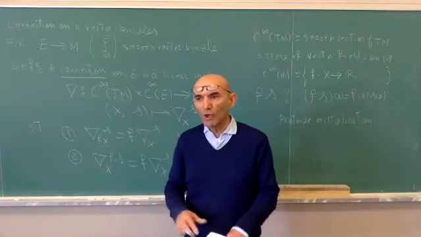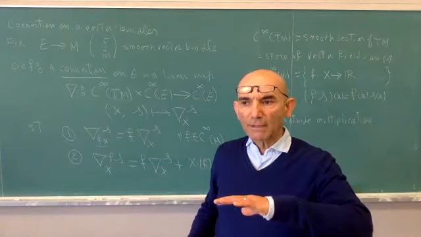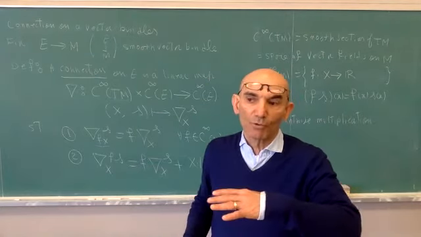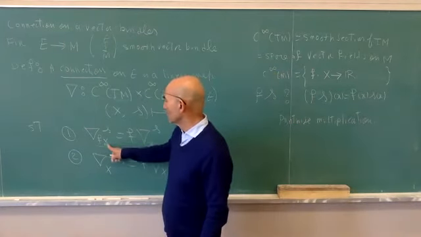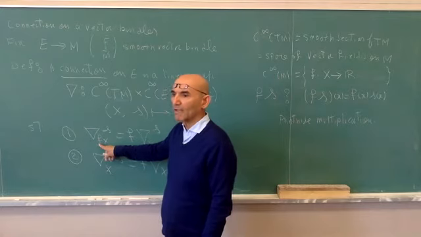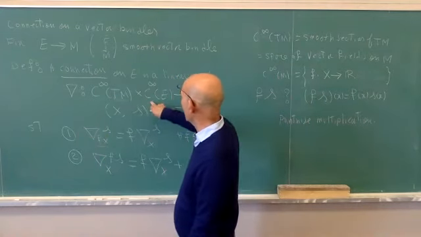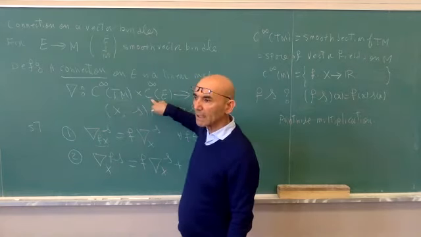So what we want to know is what happens if you have a vector field and you scalar multiply it by some function, but this function now could change from point to point. I don't want to say it's just for f constant. I want to say for all functions. And by the way, I should say this map is R-bilinear, because this is an R vector space and this is an R vector space.